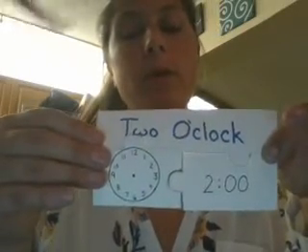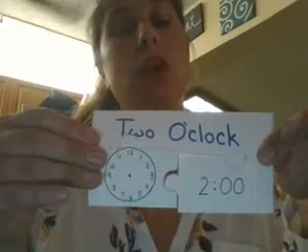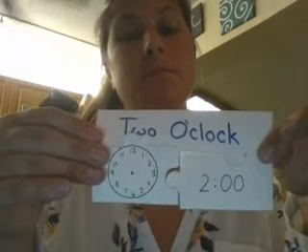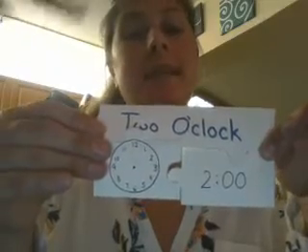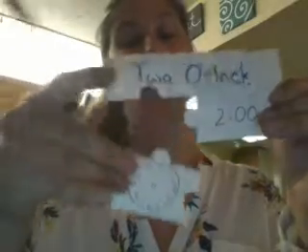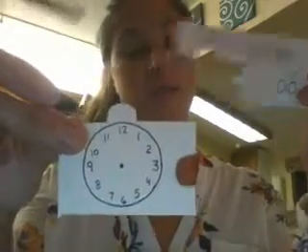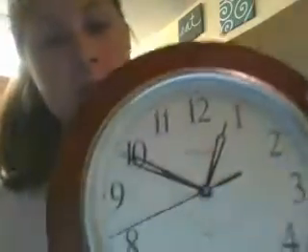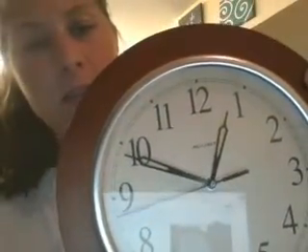Can anyone tell me what puzzle piece is not labeled? Excellent. The analog clock is not labeled. So if I was to go in and label this, where do you think I would label it for 2 o'clock?